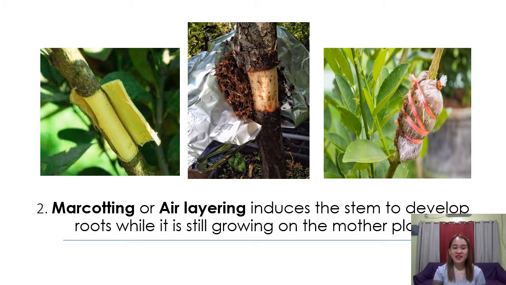The next way is marcoting or air layering. It induces the stem to develop roots while it is still growing on the mother plant. As you can see on the picture, you have to choose the part that you need to be scraped. And then after that, once you are done scraping, you can use soil, cocoa husk or moss, and cover with plastic sheets.